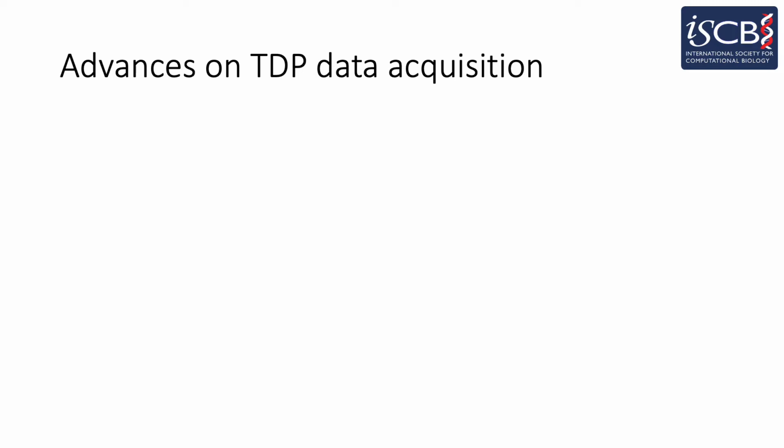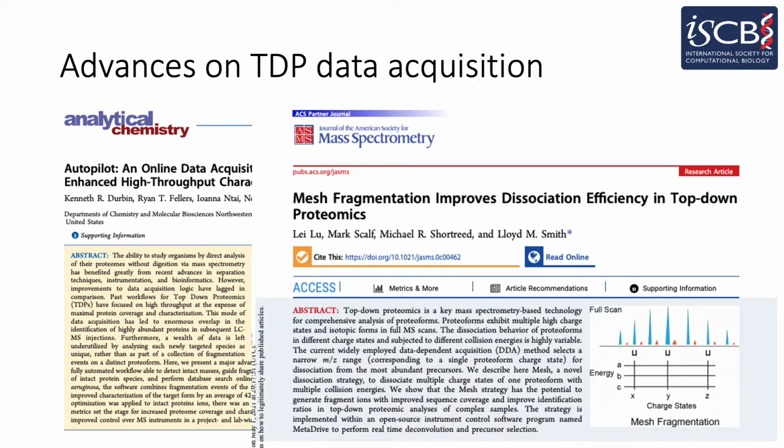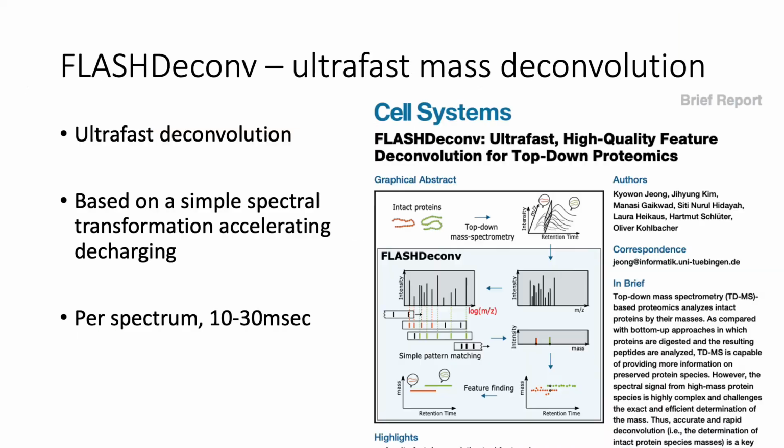One good idea to address the above issues would be to perform deconvolution very quickly during data generation and perform MS2 acquisition with deconvoluted masses. Several methods have been introduced based on this idea, but the long processing time of deconvolution is still a problem. Our group recently presented FLASHDeconv that enables ultra-fast spectrum and feature deconvolution.